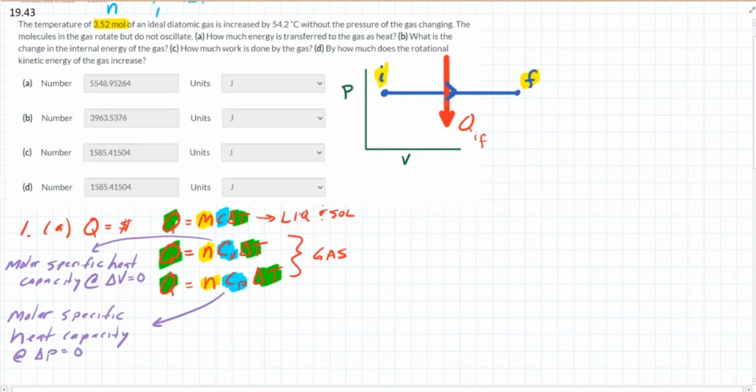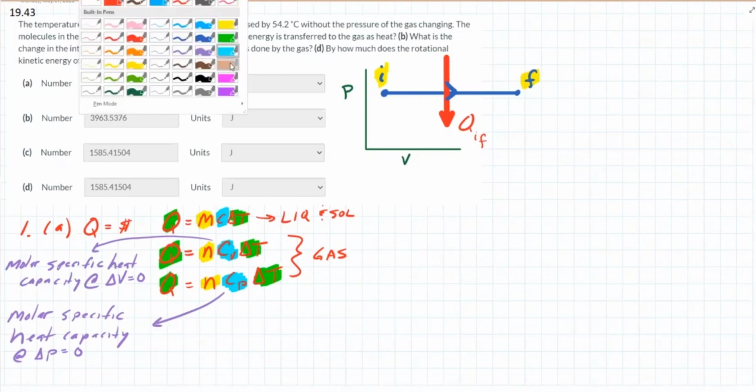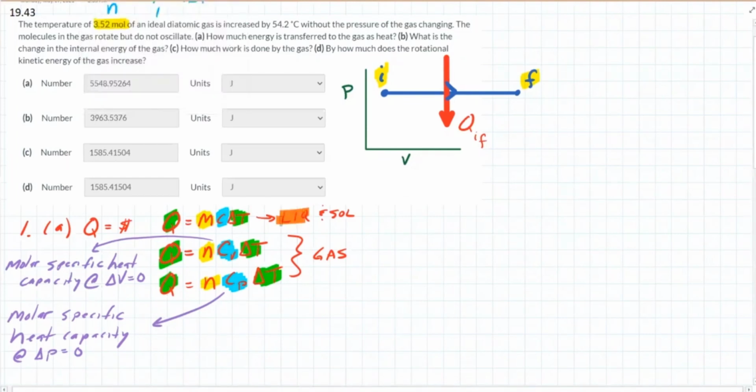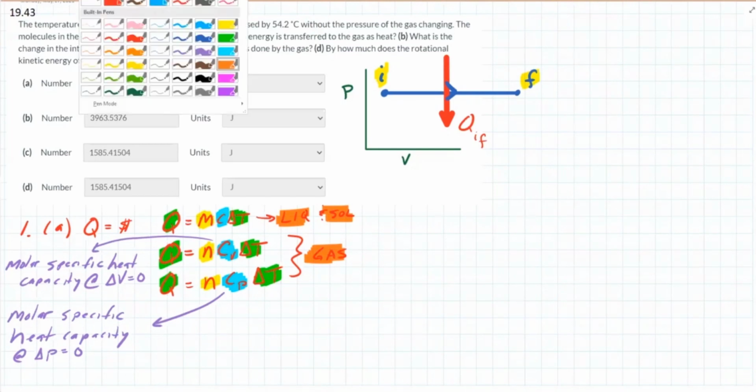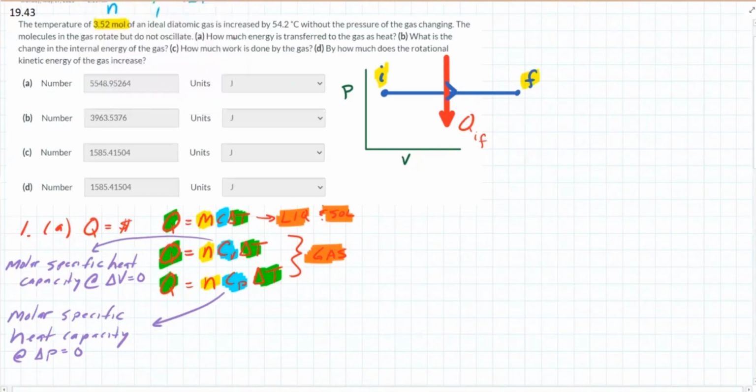So again, think of Q equals MC delta T for a liquid and a solid, and think of Q equals N C_V delta T or Q equals N C_P delta T as being used when we're working with gases. So the question for part A, how much energy is transferred to the gas as heat?